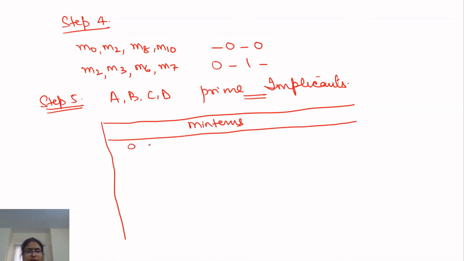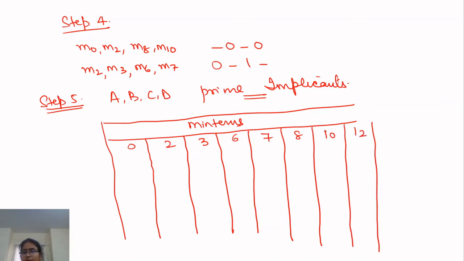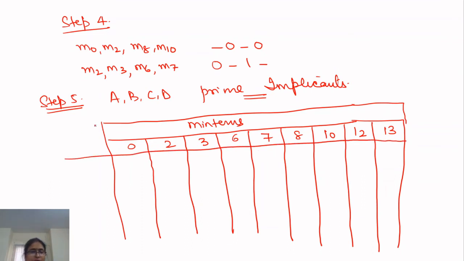On the column side you have to write 0, 2, 3, 6, 7, 8, 10, 12 and 13. These are given in the question and you have to reduce it, right? So on the column side you have written the minterms, and on this side you have to write the prime implicants in the form of the terms, right?